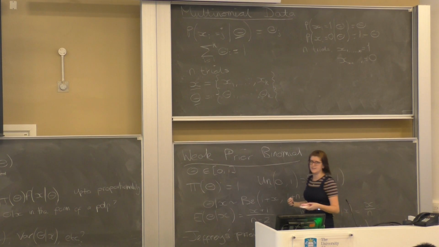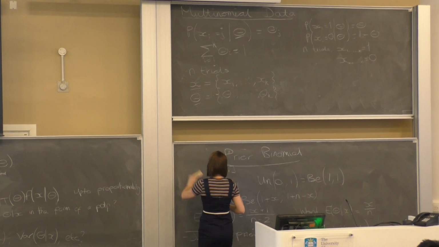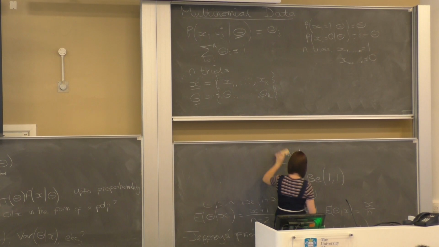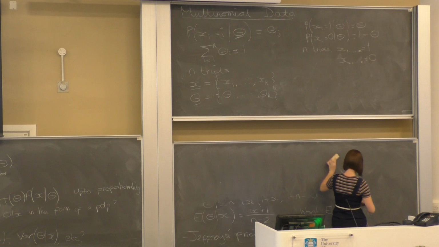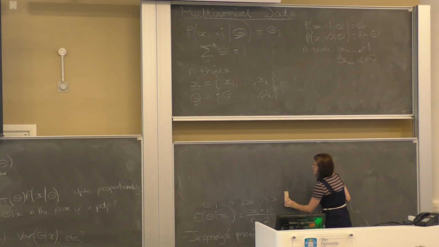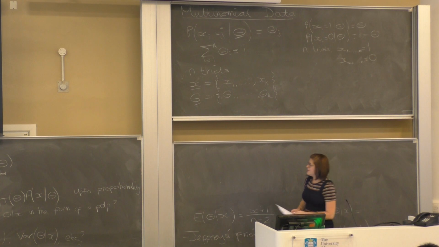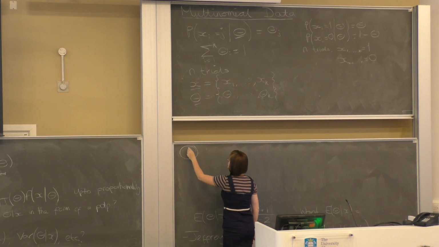So you need to extend that to multiple, but today we'll just talk about if you have one. So the first thing that we do in any analysis is we need our likelihood.